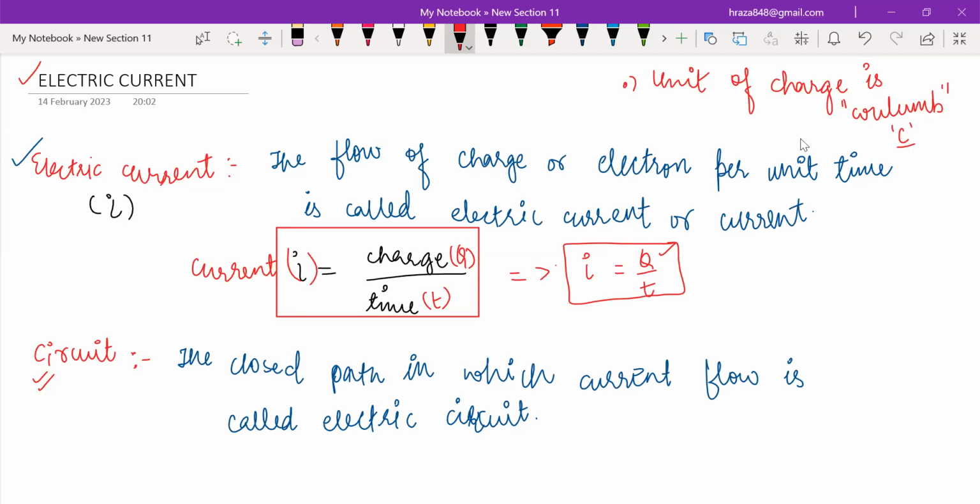Coulomb is denoted by C. And can you tell me the unit of time? Yes, so the unit of time here, we generally take seconds.